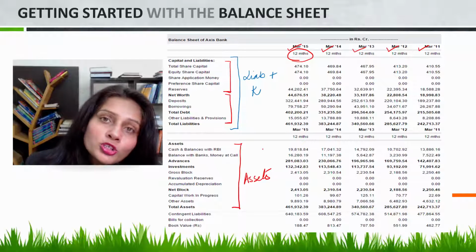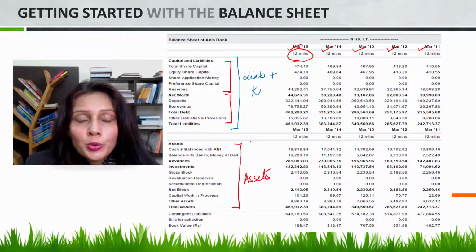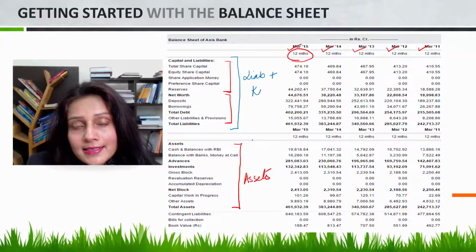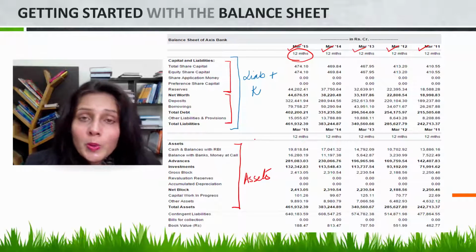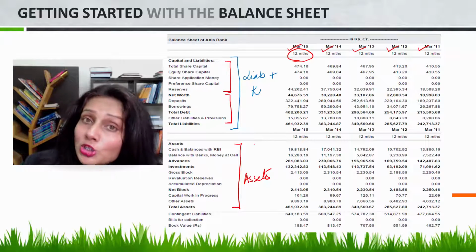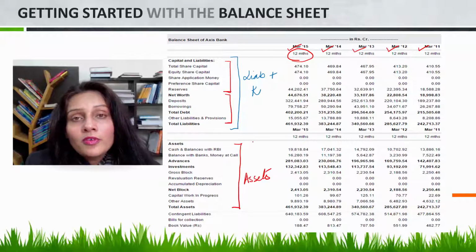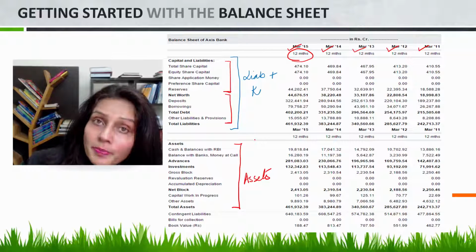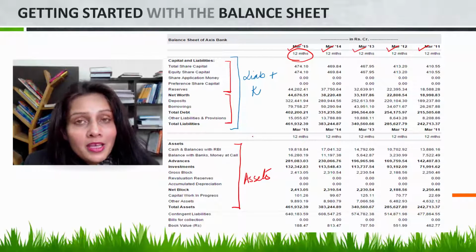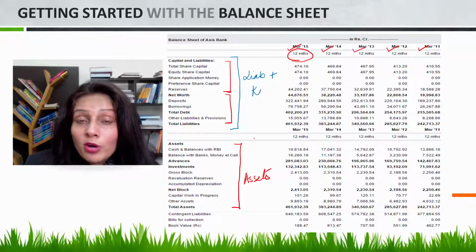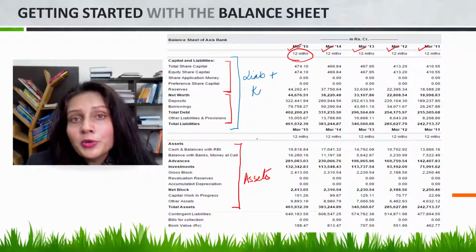Same way, assets have also been segregated into liquid assets and fixed assets. Liquid assets and current assets would be those which you expect to utilize in a short period of time. However, fixed assets will be those which will be utilized over a long period of time. Some of them may even be depreciating. When I say depreciating, I mean that some of them may even be losing value over time.